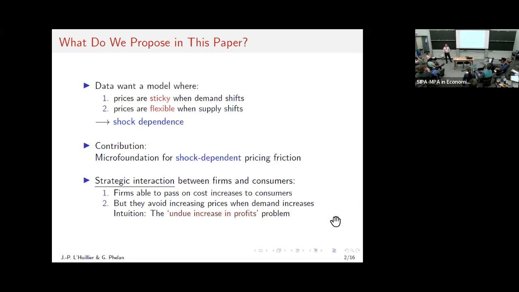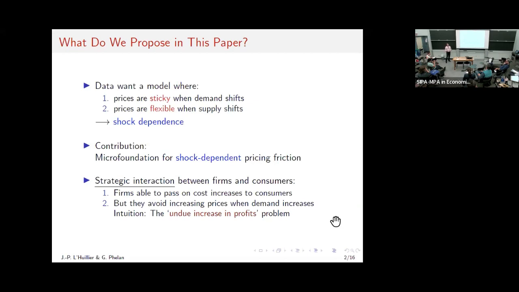This idea is different from time dependence and also different from state dependence. It's a different idea that we're going to entertain in this paper: shock dependence. Really what matters is the type of shock that hits the economy for whether prices are adjusted or not.